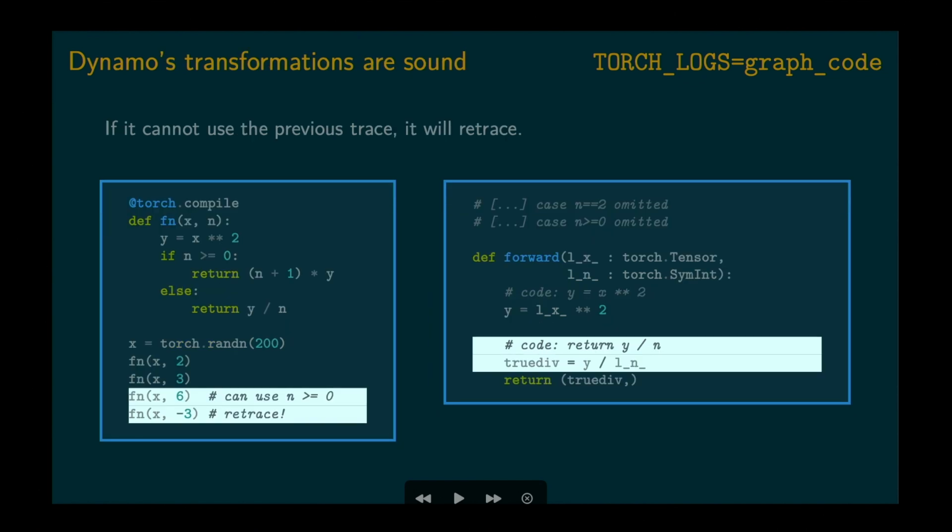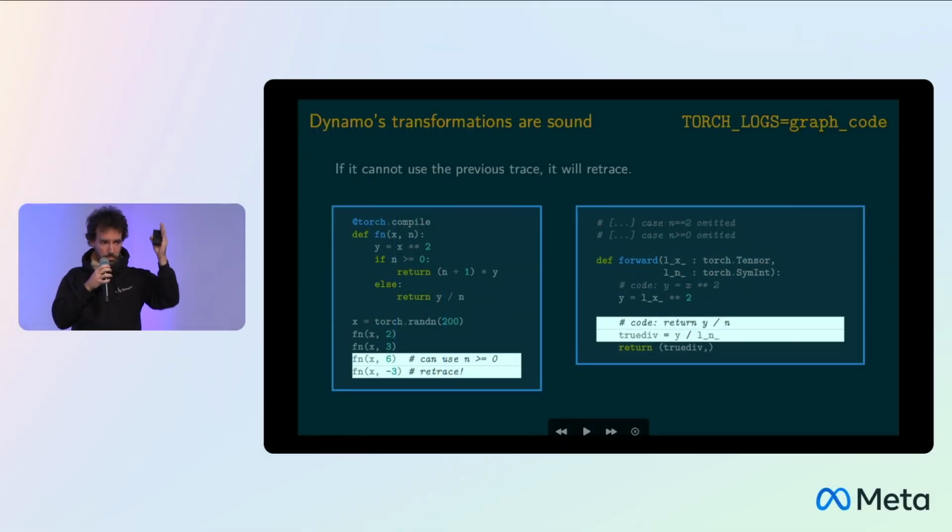Something else, well, we discussed that there are if-elses. So how does Dynamo stay sound? Meaning that sure, it linearizes the program, but programs are inherently non-linear. So how does it handle that?